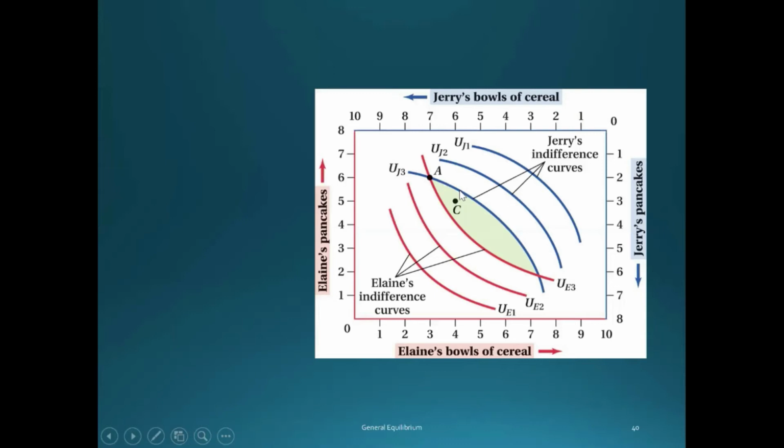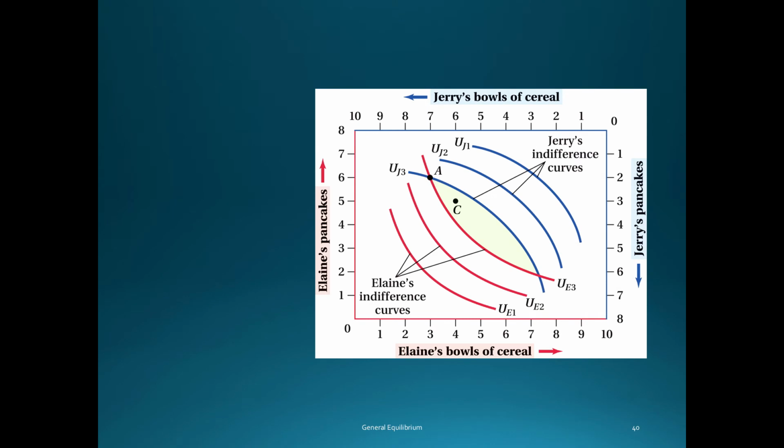But point C, relative to where the mouse is positioned, is further down and to the left, implying that point C is giving more of both goods to Jerry. So point C must be preferred for Jerry over this point, which has the same utility as point A. Hence, for Jerry, point C must be preferred to point A.